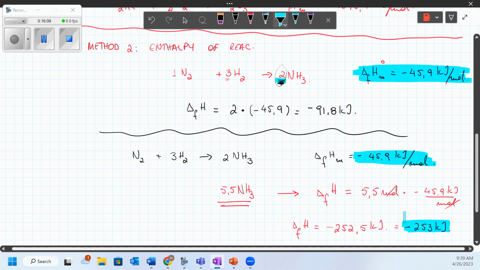So when we are communicating the enthalpy of the reaction using the standard molar enthalpy of formation, we have to multiply whatever number of moles is produced in the reaction by the standard molar enthalpy of formation.